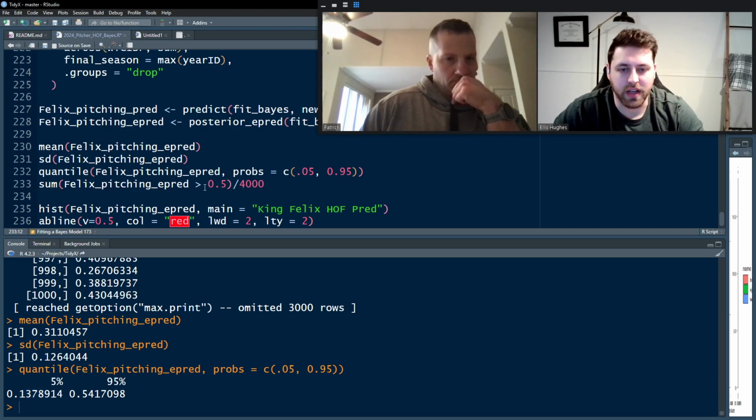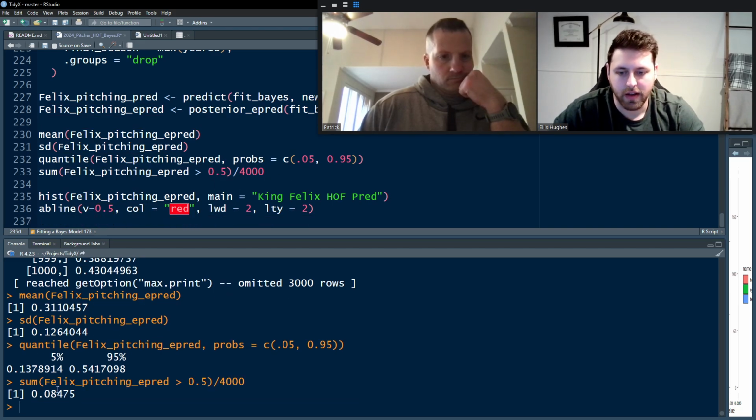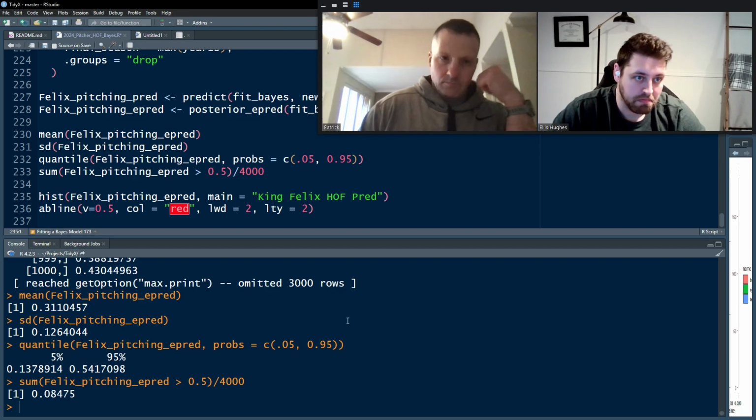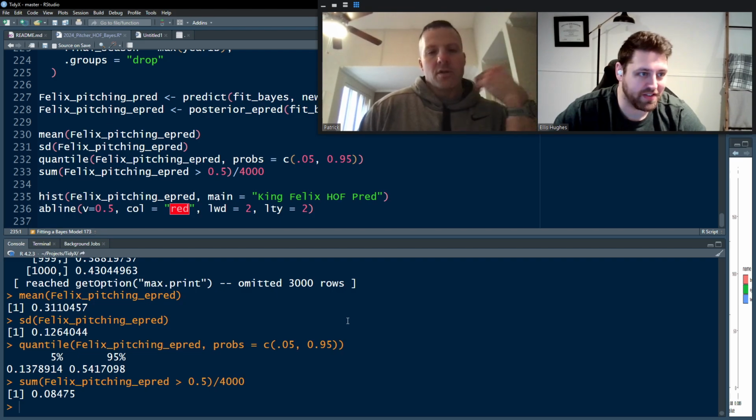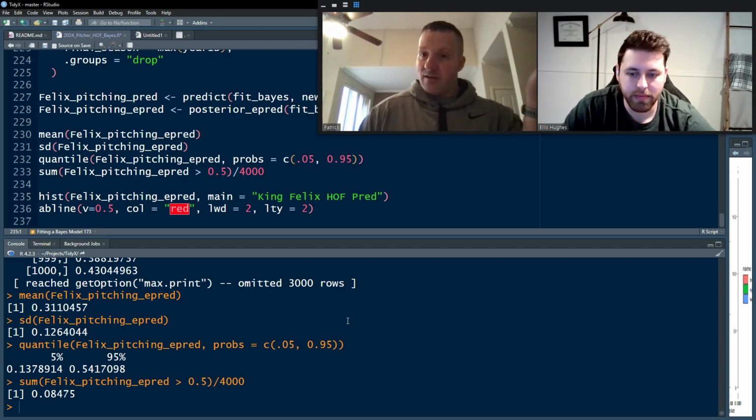Then we could get a sum of what are the total number of predictions where Felix gets in greater than 0.5, which is 8%. So in 8% of the universes, Felix gets in. Or 8.5% of the universes. Yeah, so given his data, we would believe his true probability of being a Hall of Fame pitcher is about 8.5%, at a 50% threshold.